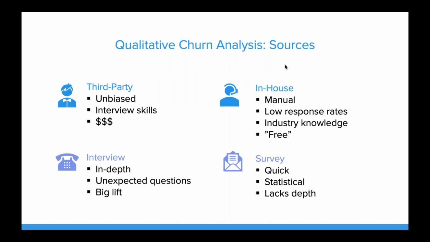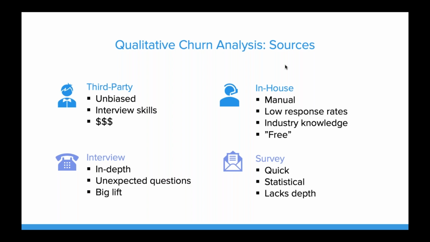Now on the qualitative side, there are a lot of different sources and pros and cons to each of these approaches to doing the qualitative analysis. You can either do this in-house or you can hire a third-party organization to do these interviews for you. If you do it in-house, the downside is that it's definitely more manual. It definitely takes internal resources to do that.